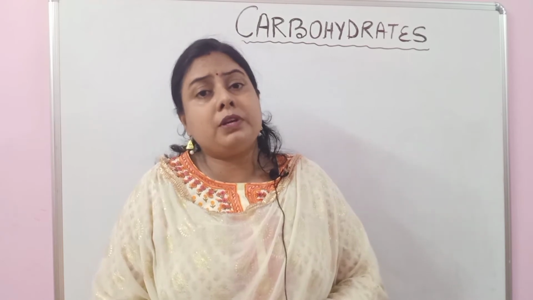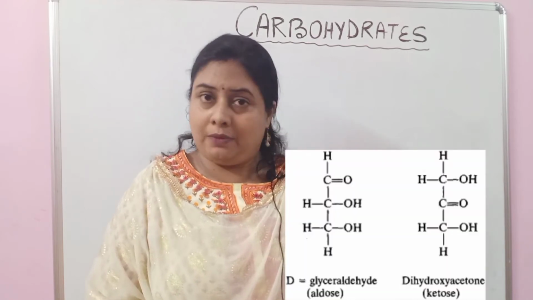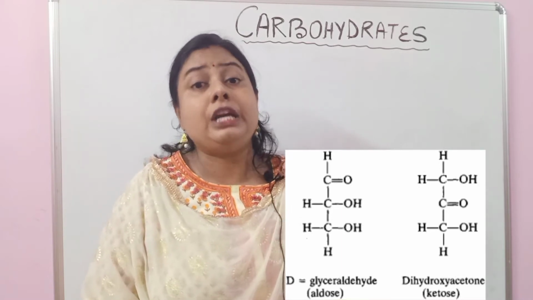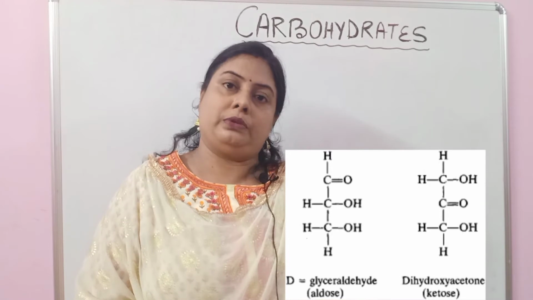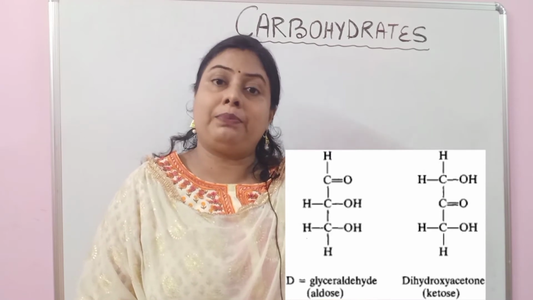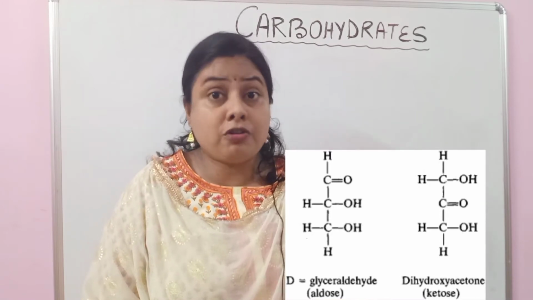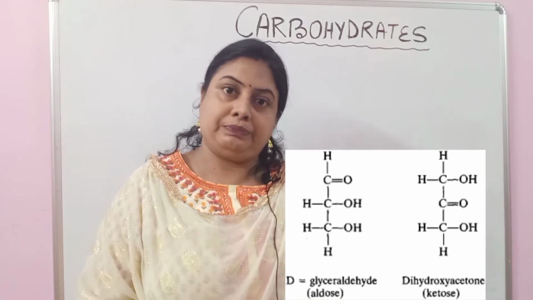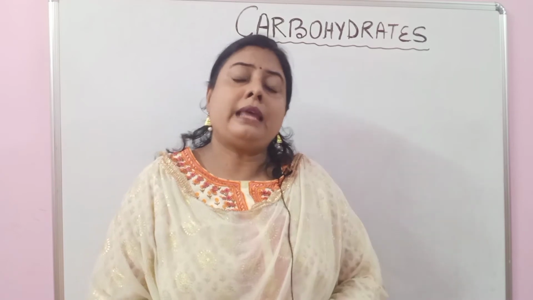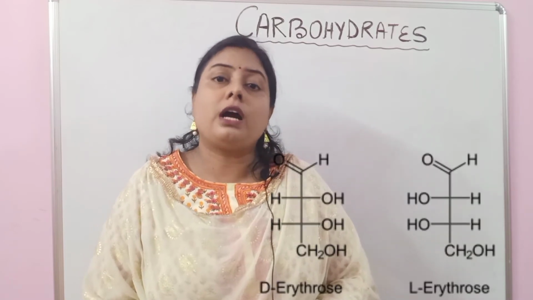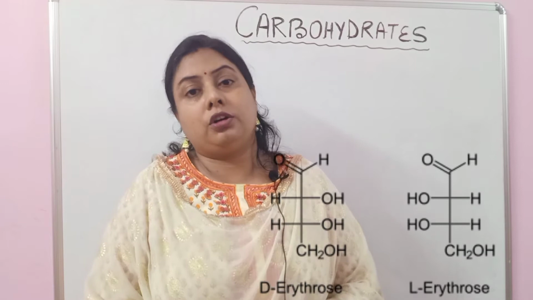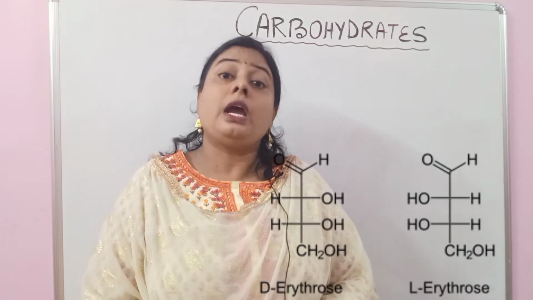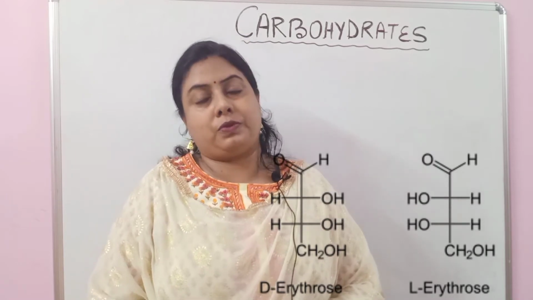Like the simplest monosaccharides which are present in the body of living organisms are actually 3 carbon compounds, for example, dihydroxyacetone or glyceraldehyde. Then there are 4 carbon containing monosaccharides called the tetroses. Erythrose is a tetrose.